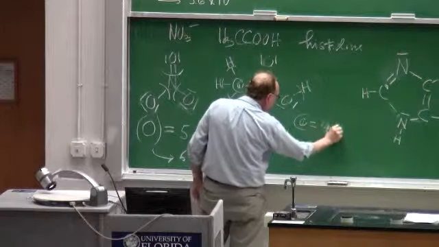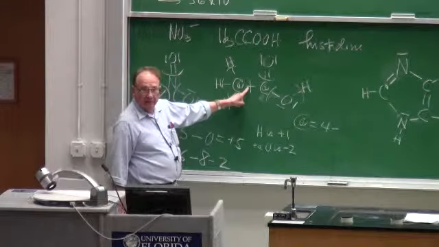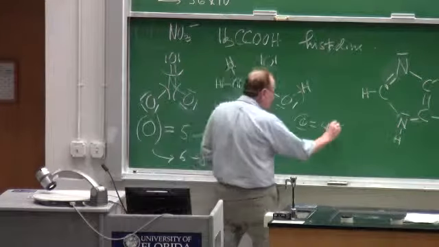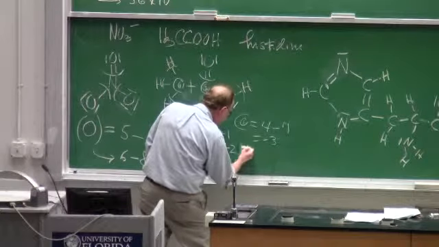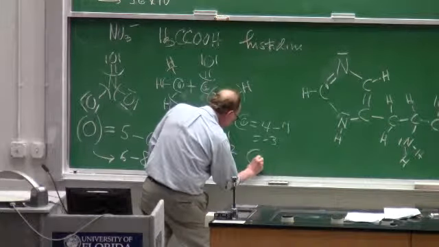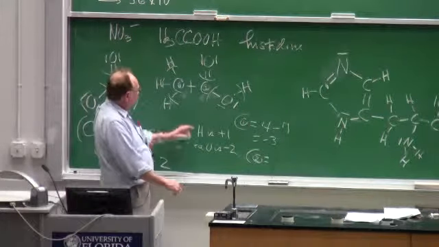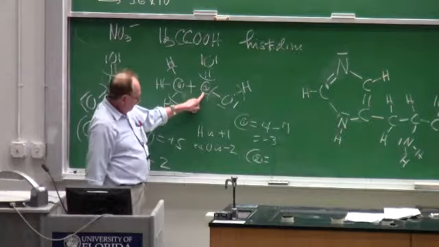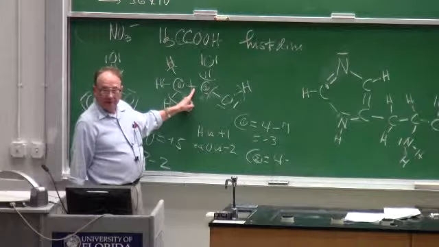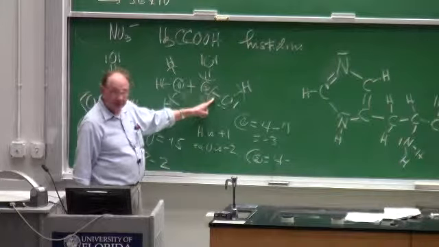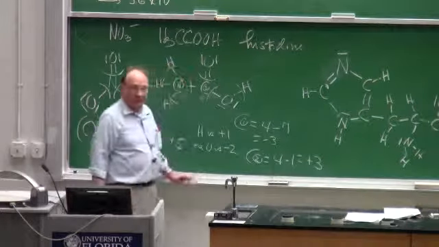C1 equals 4 less 2, 4, 6, one more, 7, so minus 3. Carbon 2: 4 less 1. That's it. Plus 3.